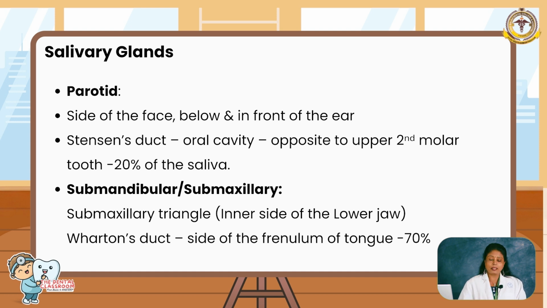Next is the submaxillary gland. It is about 8 to 10 grams in weight. It is located inside the lower jaw, and the duct which carries the secretion is Wharton's duct. Even though it is smaller than the parotid, it contributes the majority of the salivary secretion, that is, 70% of the saliva is by the submaxillary or submandibular gland.